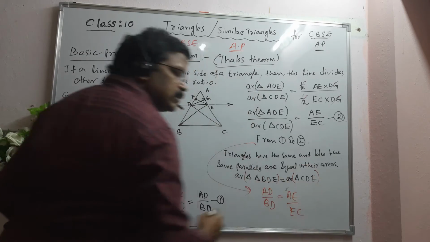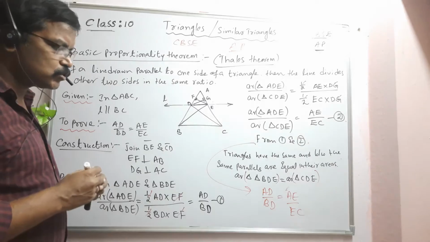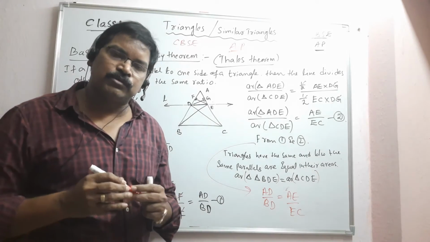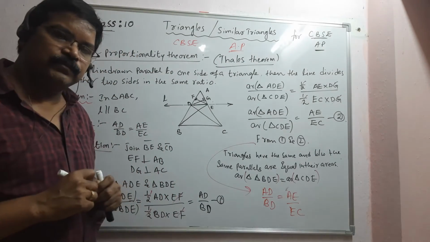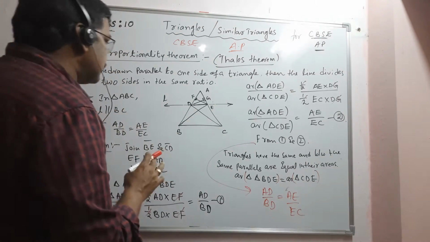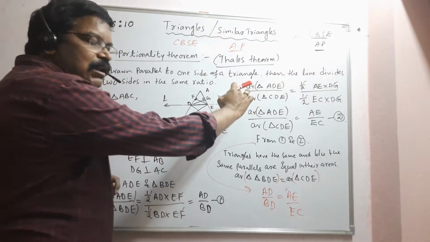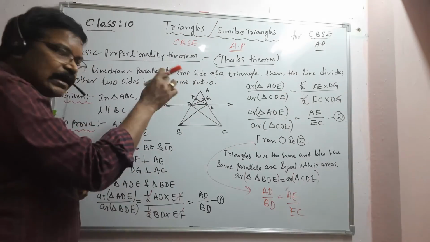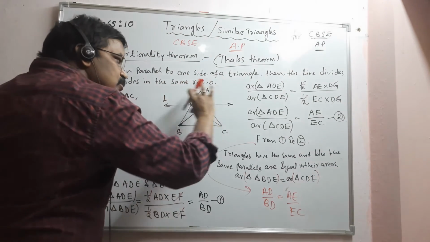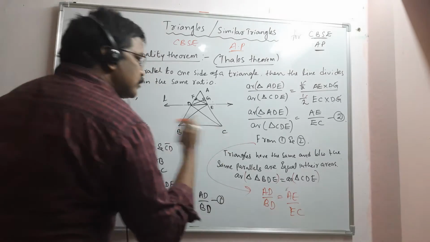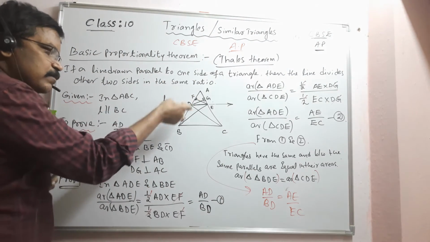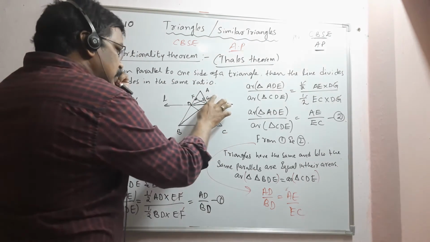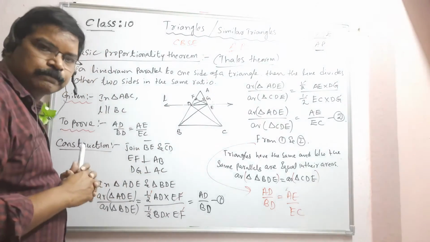AD by BD is equal to AE by EC. That means if a line is parallel to one side of a triangle, then this line divides the other two sides in the same ratio. That means AD by BD is equal to AE by EC.